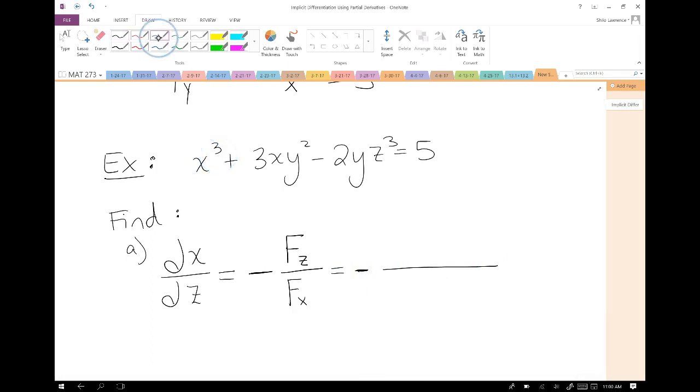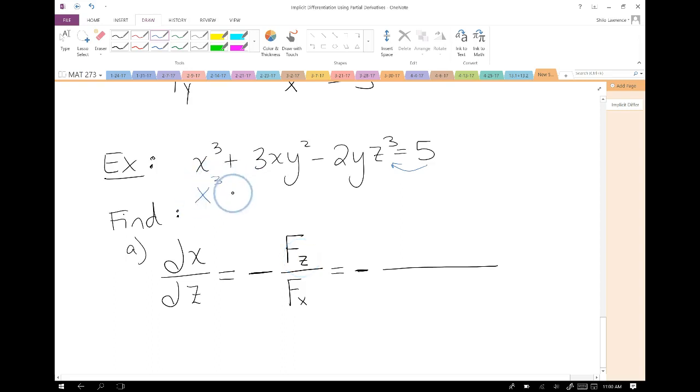One thing that you should do, and I didn't do it on the last one, I probably should have, but it's not going to make a difference, is we should get this guy set equal to 0. It's not going to make a difference because it's a constant on the other side. And when we pull it over, the derivative of the constant, no matter with respect to whatever variable we take it to, is always going to zero out.